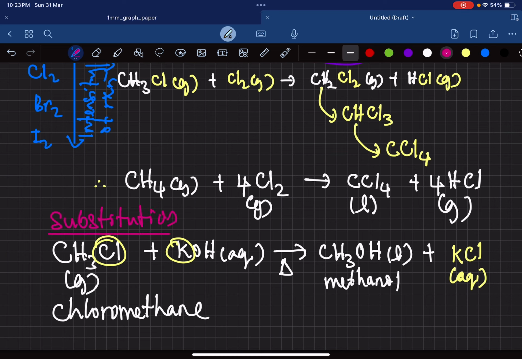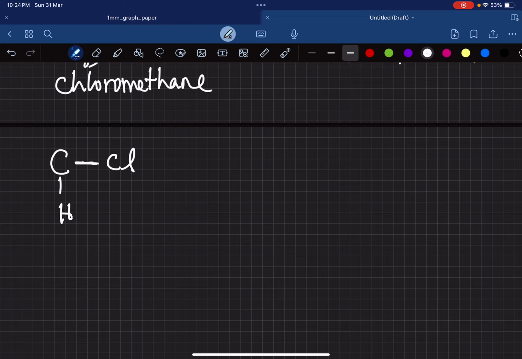Now in this case, what I want you all to know is this: whenever we have an alkane, let's say C with a halogen group, let's say chlorine. If you remember from unit 1, this bond here is polar.